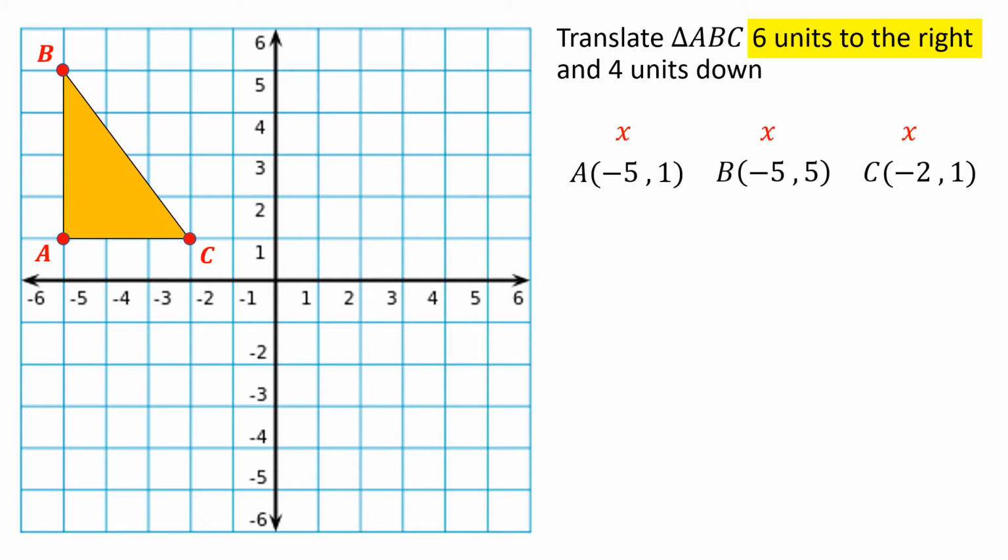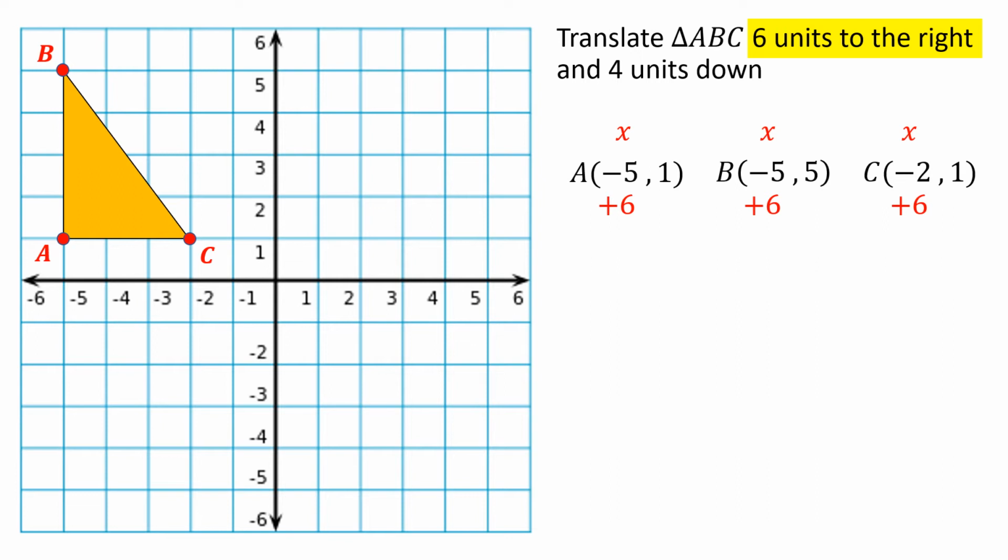So we will be changing the values of the x on each point. And 6 units to the right means a positive change. Remember, right is plus, towards left is minus. So this is 6 units to the right. That means we have to add 6 units on the values of the x.